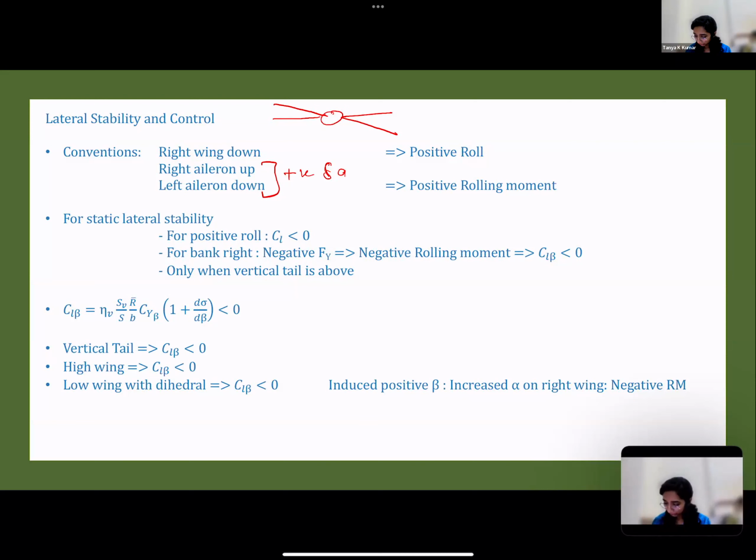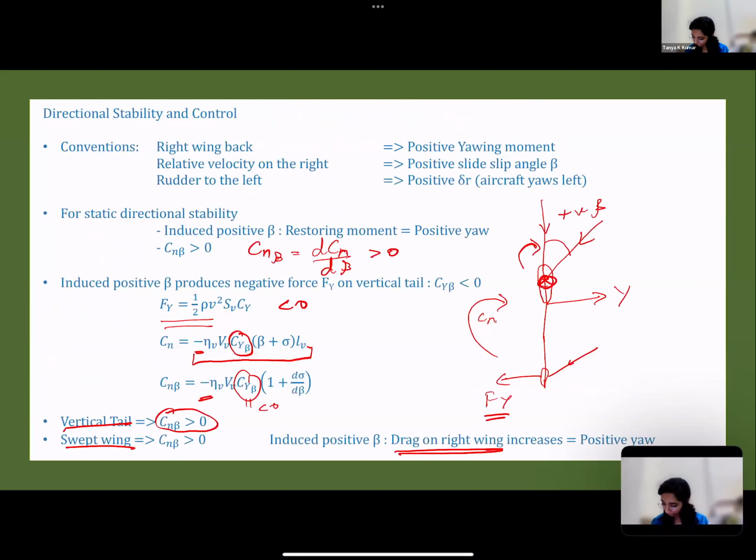For bank right, you have a positive beta. When the positive beta happens, what direction was the force generated? You had negative Fy, correct? Just like in the previous slide. Where was it? Yes, here. You had a negative Fy for positive beta. This is negative.